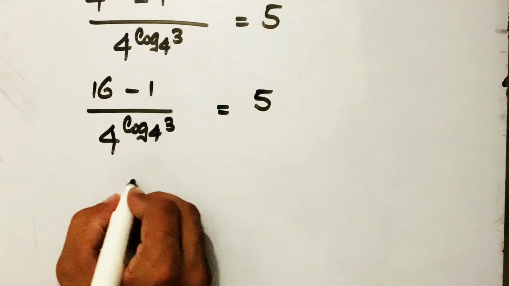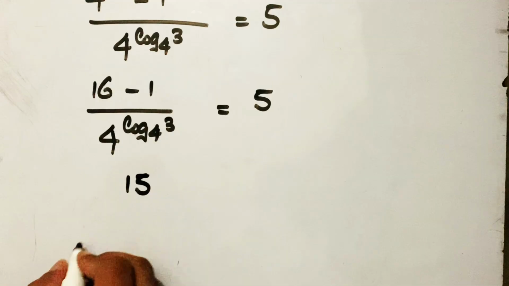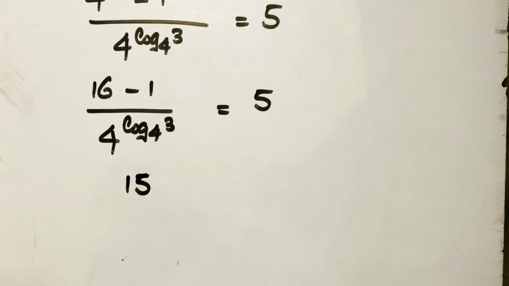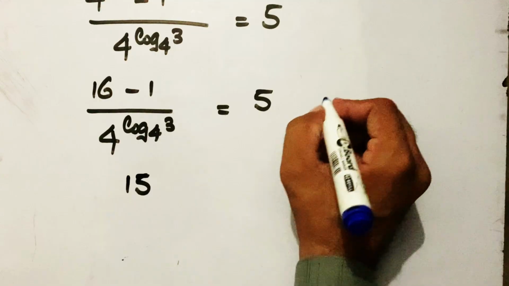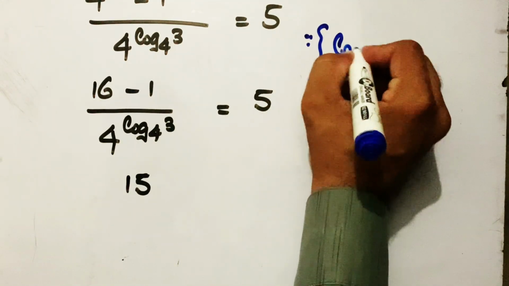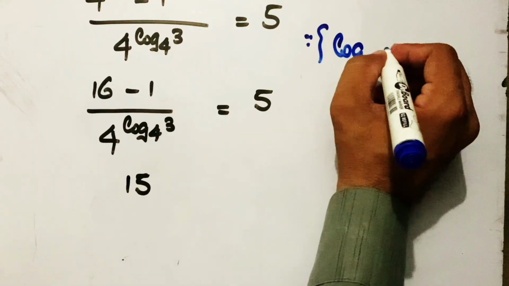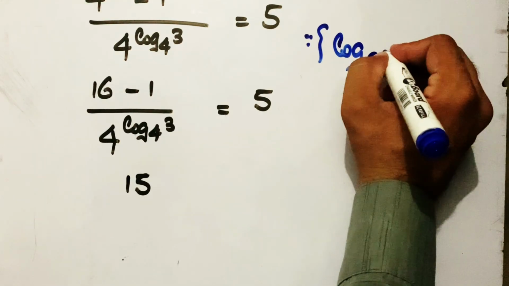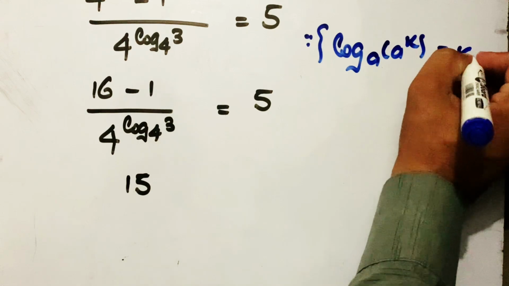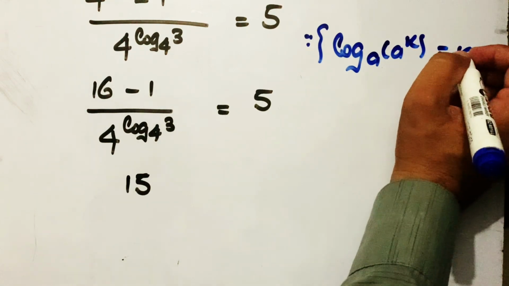So this is 15, and I'm using the inverse property of log here. If we have a to the power of log base a of x, this is equal to x. So this is the property of x.